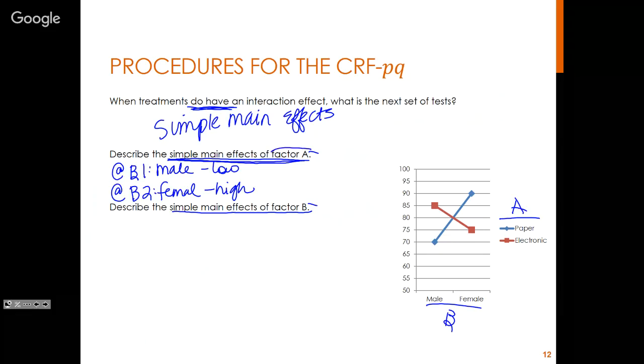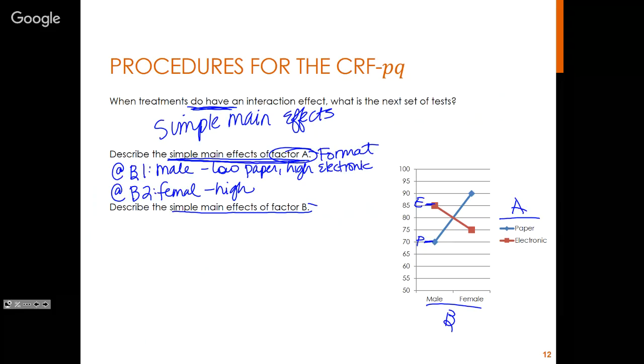When we're talking about factor A as a whole, this is format. Okay? So the format for the male is low for paper and high for electronic. So I'm going to finish this out. Low paper, high electronic.